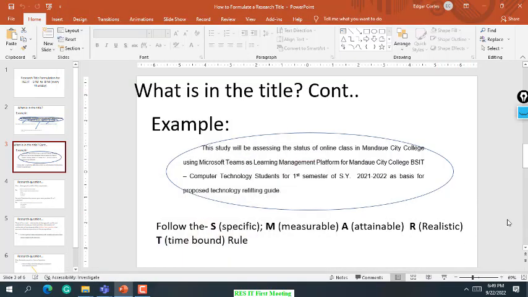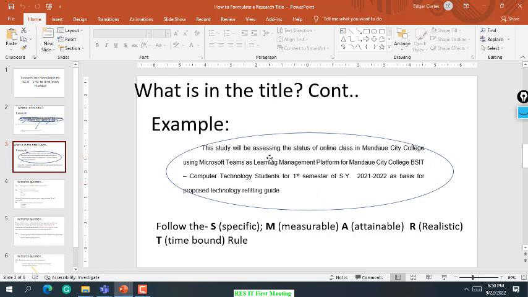So SMART refers to specific, measurable, attainable, realistic, and time bound. So here, it is very specific that we're going to assess the online class of Mandawi City College using Microsoft Teams. So measurable, can this be measured?